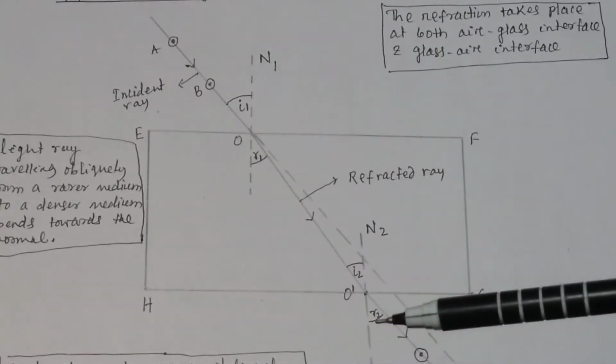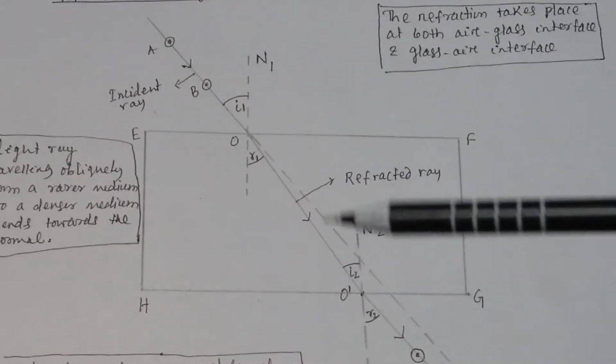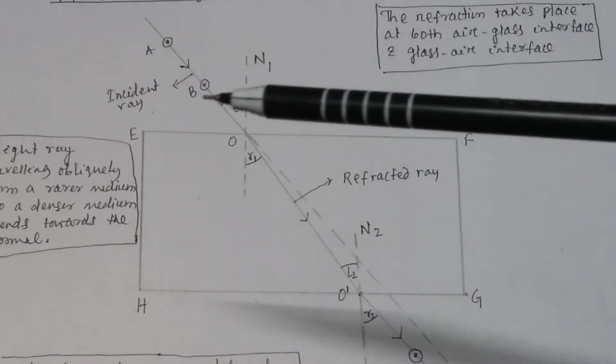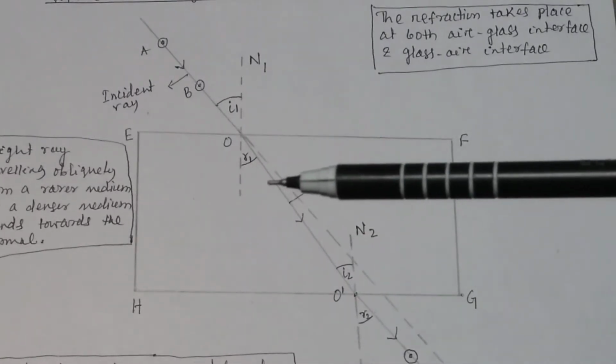On the other side of the glass slab, you can see the image of A and B in the glass slab.